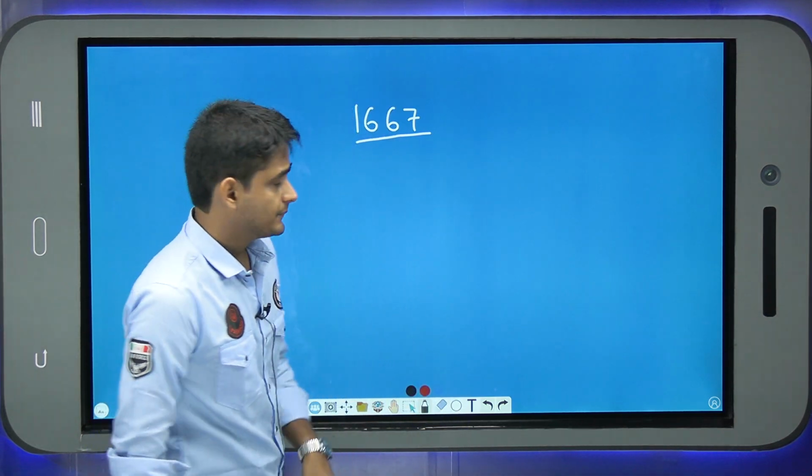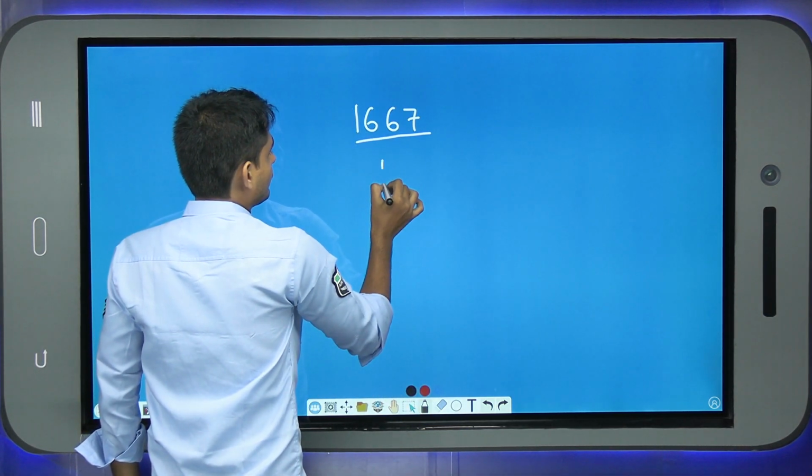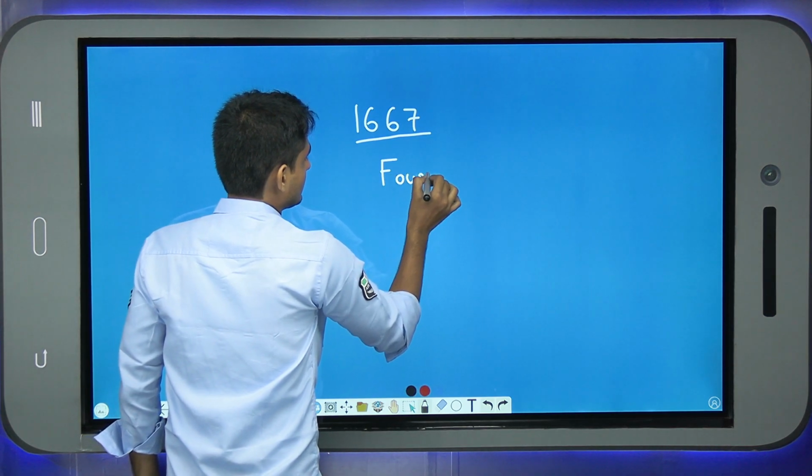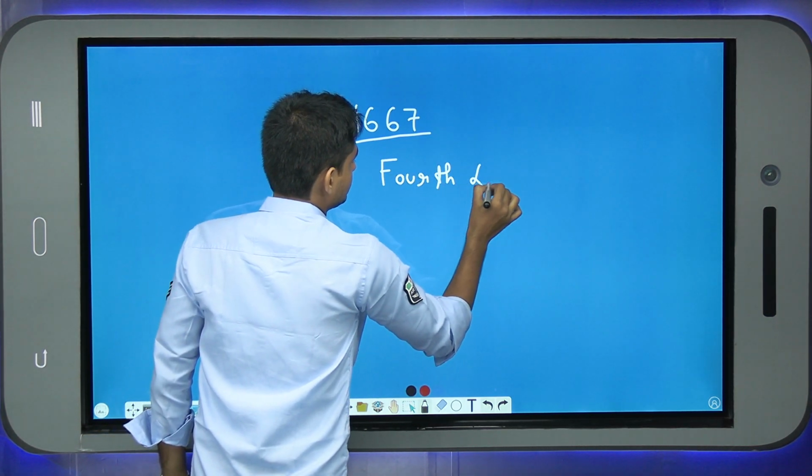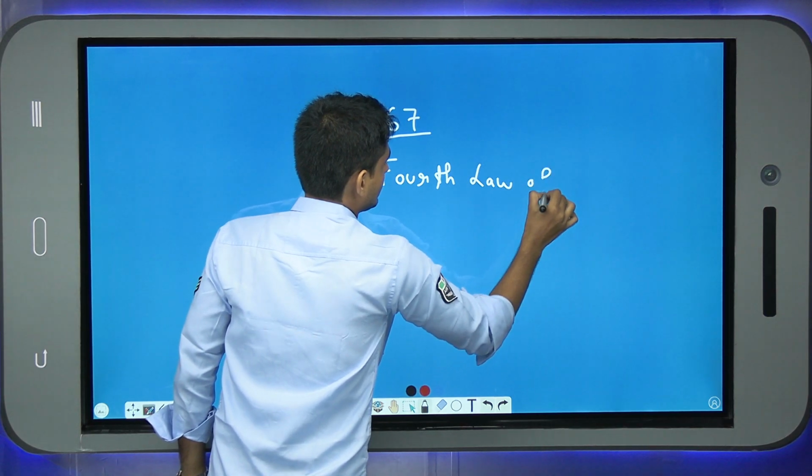According to NCERT, it is the fourth law of Newton.